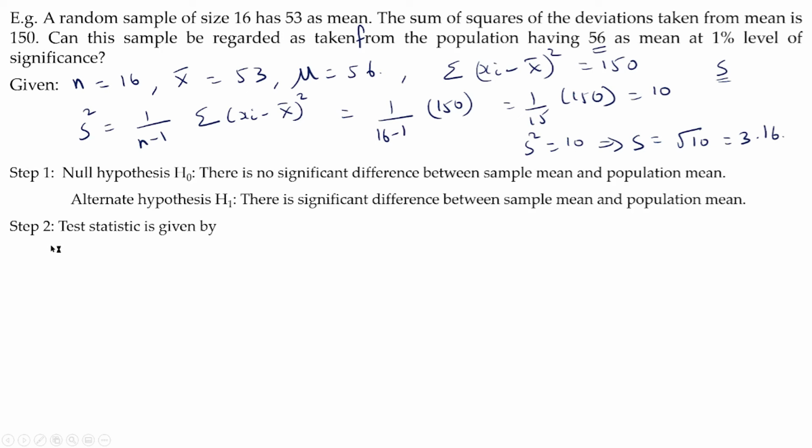Now coming to step 2. The second step is we have to write the test statistic t. The test statistic is given by t is equal to x bar minus mu upon s by root n.